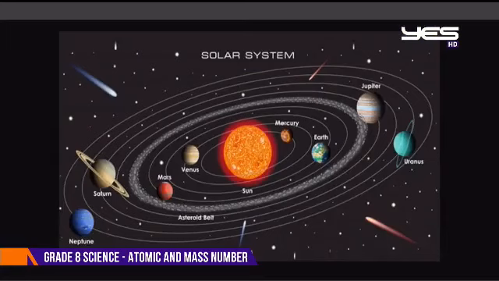Planets are revolving around the sun. What is the shape of the path? Through the circular path. That path is known as orbit. That we can compare with an atom.